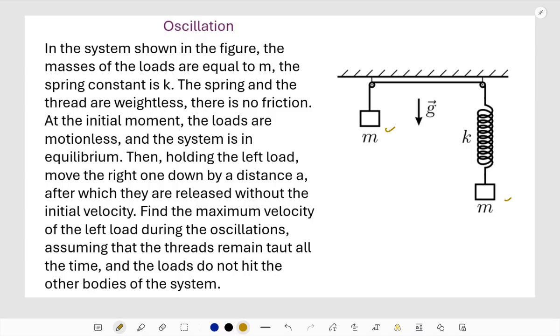Equal forces are being exchanged between loads, from gravity or from the string or the spring, whatever it is. And since their masses are equal, we have this equality of masses.